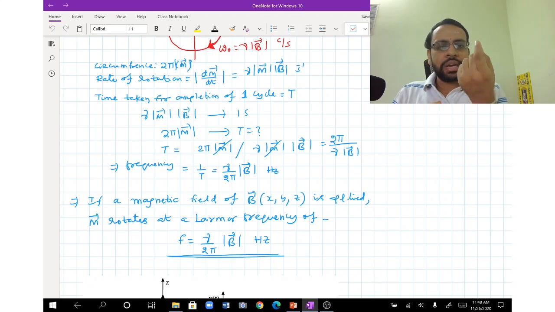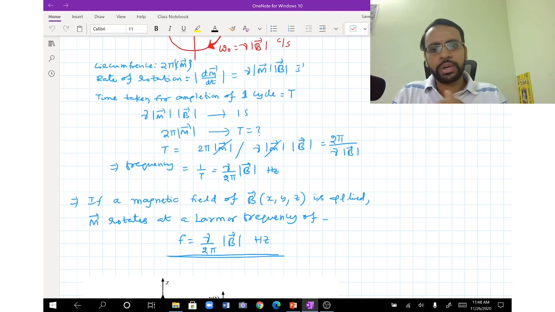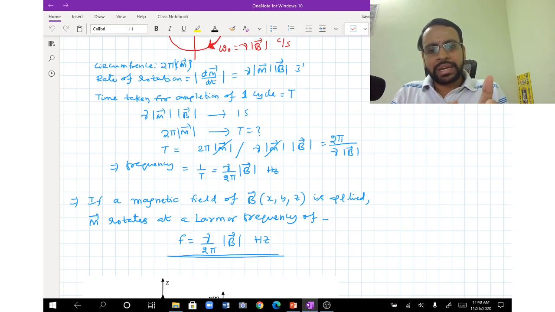A single magnetic dipole has the same frequency, and even your M bar at macroscopic level, which is the accumulation of all your individual magnetic dipole magnetizations, also would be rotating at the same frequency, given by gamma by 2 pi times the magnitude of the B bar which you have applied there.